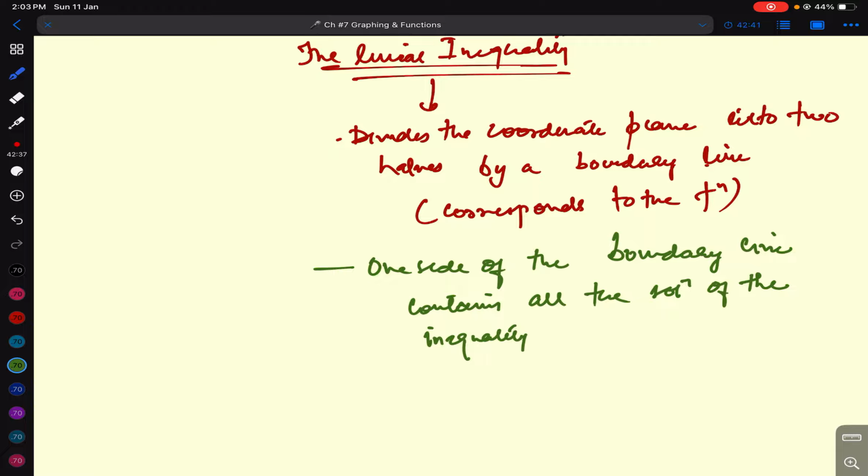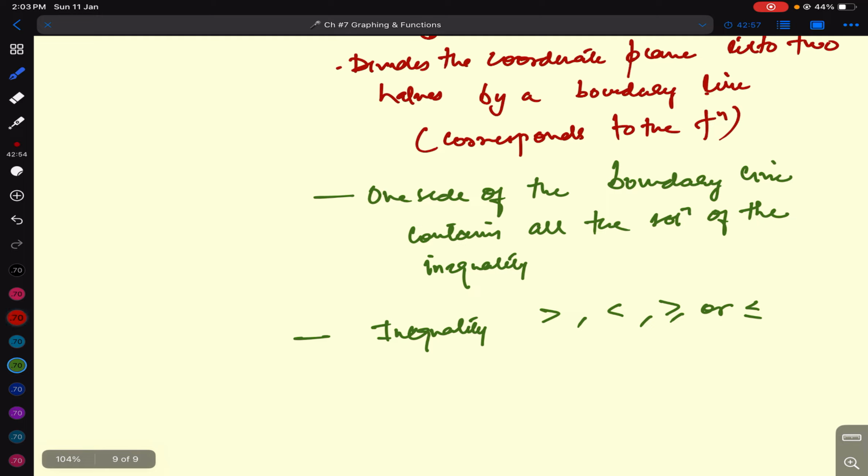Okay. Now, obviously, we know that an inequality has greater than, less than, greater than or equal to, or less than or equal to. These four signs basically form an inequality, right?